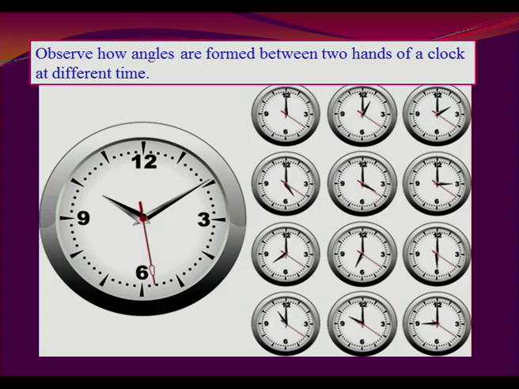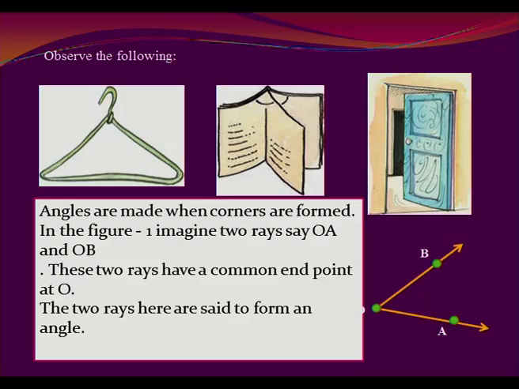Dear children, you might have come across the wall clock. You see different wall clocks. Have you observed there are 3 hands: one is the minute hand, another the hour hand, another the second hand. If you observe the hour hand and minute hand, they look like that. Again, take a folded book or a door which moves about one point. Angles are made when corners are formed.